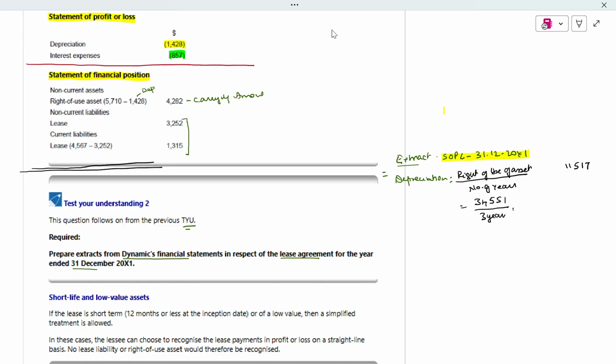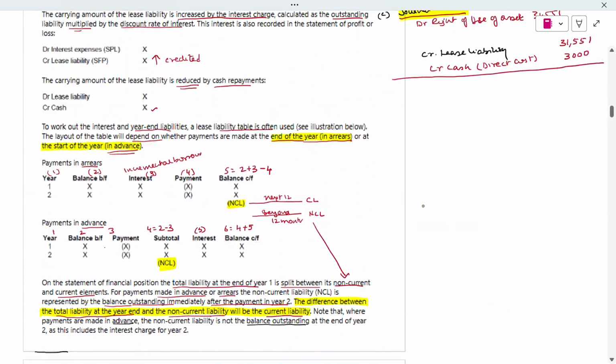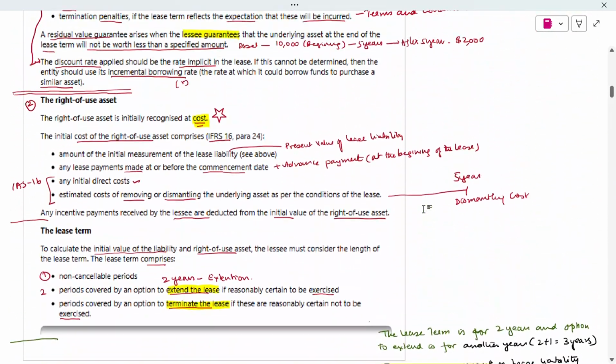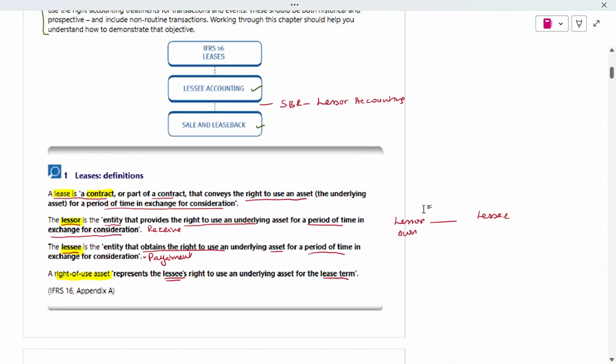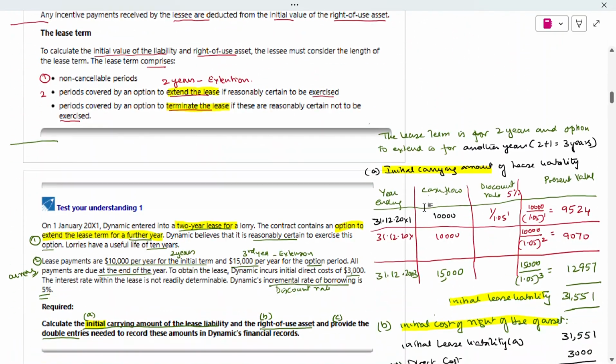Now, what are the things you will have? You will have the interest expenses. How much have we paid as interest expenses?